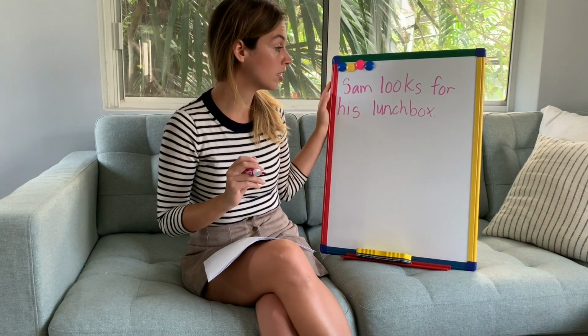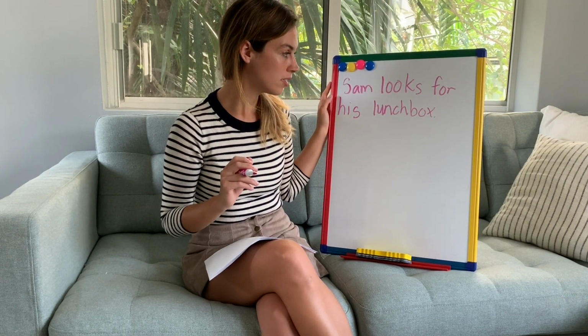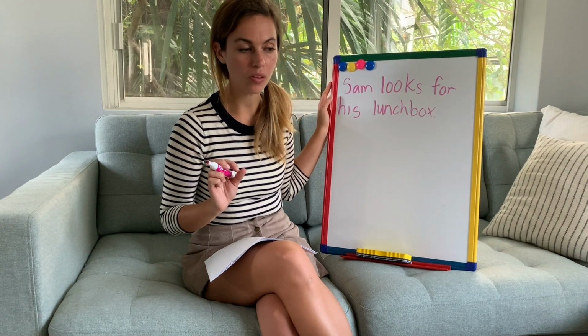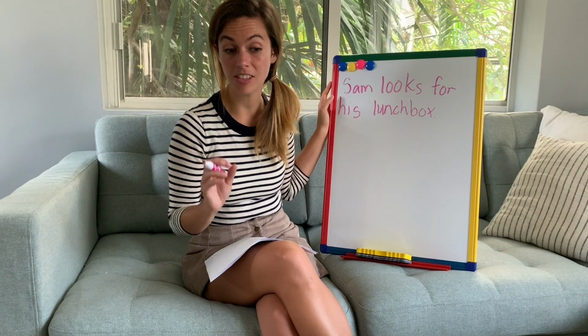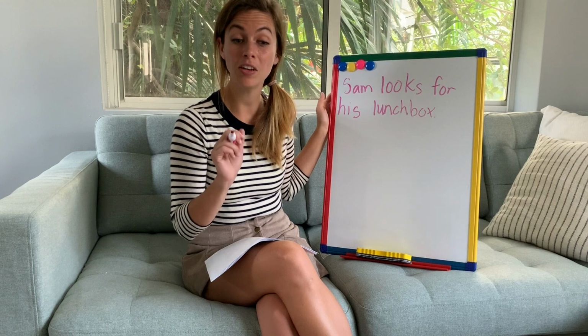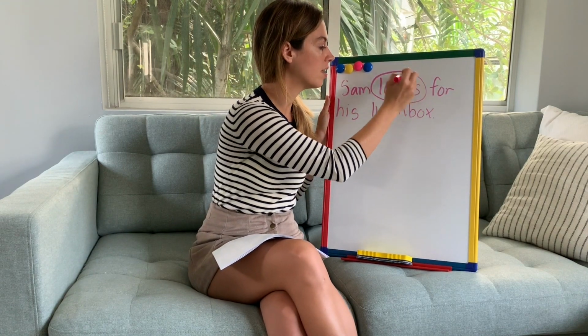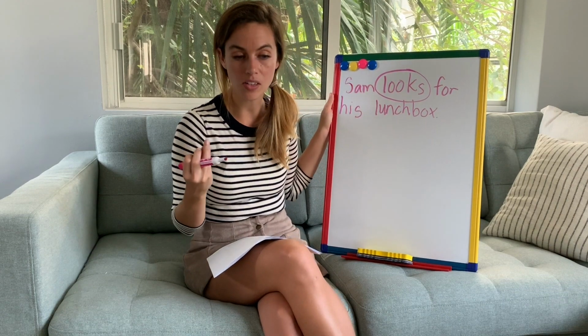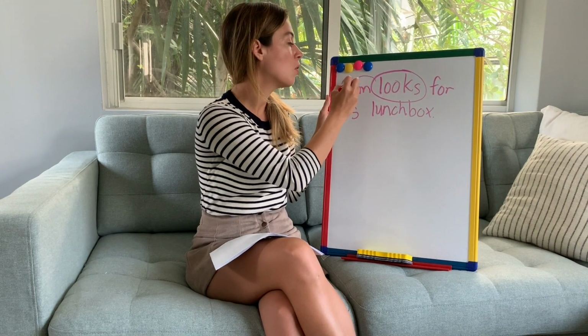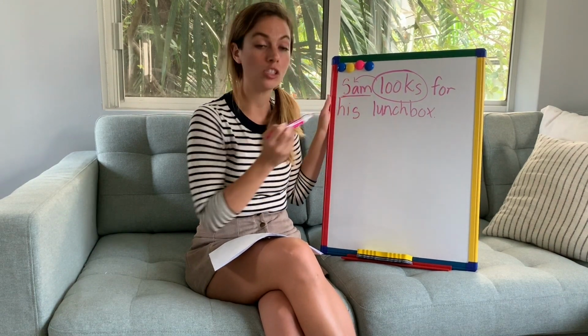Sam looks for his lunchbox. Raise your hand if you know the verb. Okay, a lot of us do. Good. Okay, can you tell me the verb? Looks. Good. Looks. That's something you can do. And it's telling us what Sam is doing. Good.